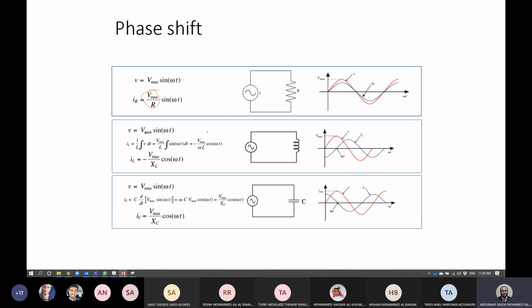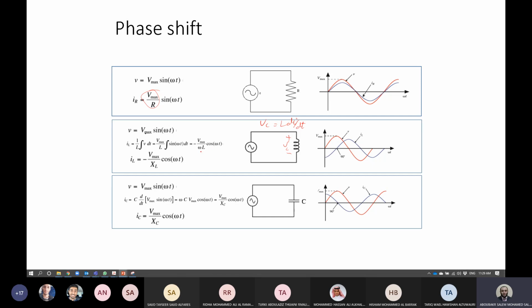In the case of an inductive load, you know the voltage relation on an inductor. If we have L here and this is VL, then VL equals L di by dt. In order to get the current, you just need to integrate: 1 over L integral of V dt, which will finally be minus V maximum over omega L multiplied by cosine omega t.